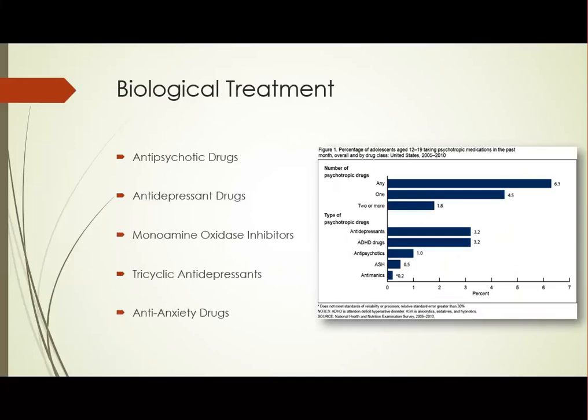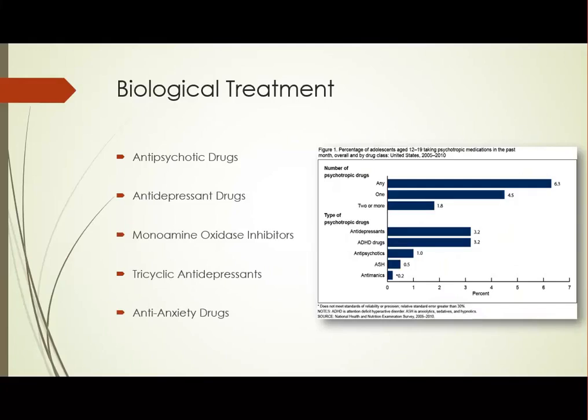Antidepressant drugs, probably the most common are selective serotonin reuptake inhibitors, or SSRIs. The most famous one is probably Prozac or fluoxetine. It increases the availability of serotonin and or norepinephrine, preventing its reuptake. It's considered safer.